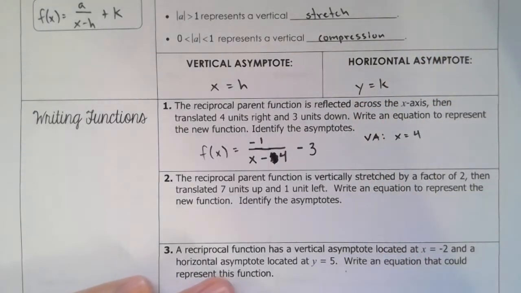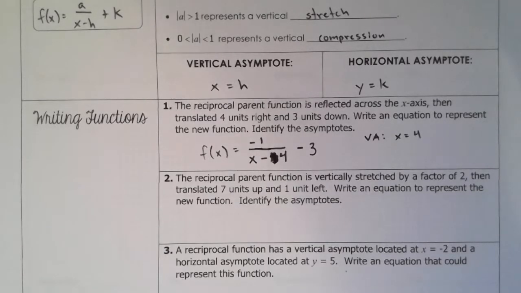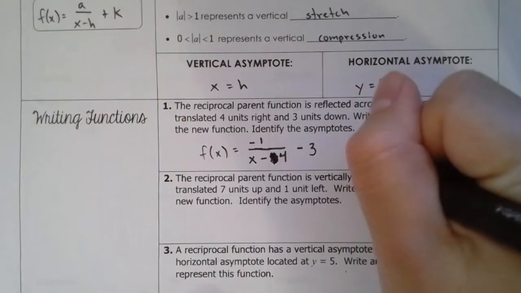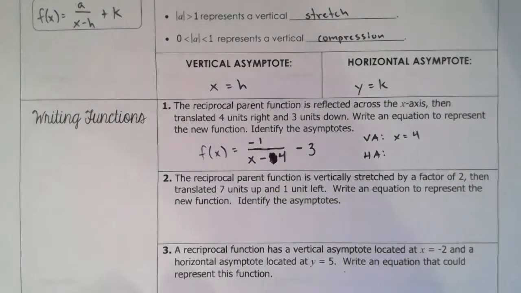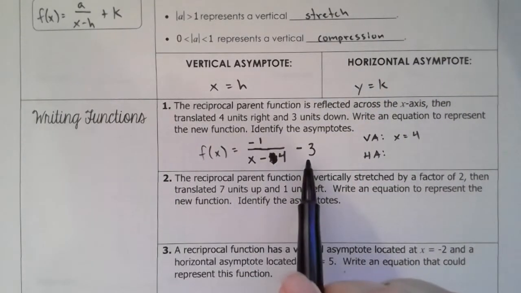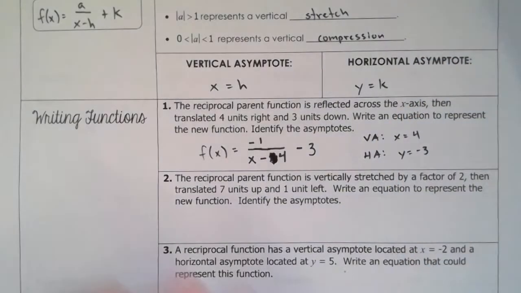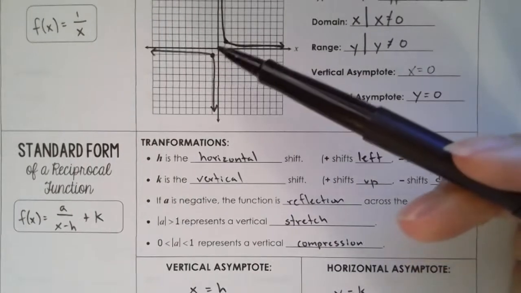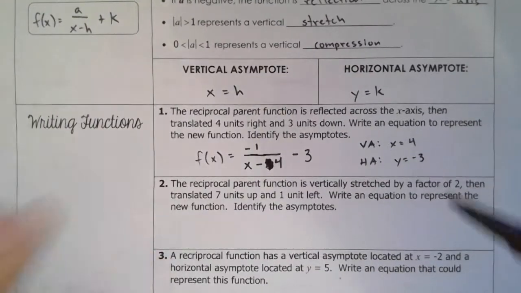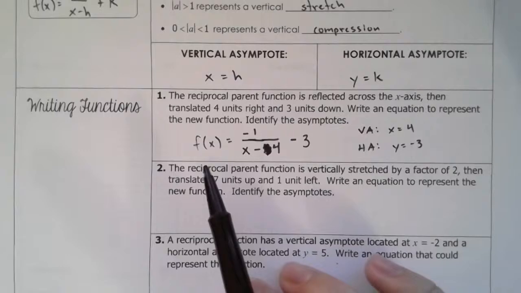And yes, please write x is equal to 4, because that tells me it's a line. Don't just write 4. Horizontal asymptote will be, it's just k shifted down, so it's just negative 3. It's like shifting this 0 down to negative 3. Okay? So that's the first one.